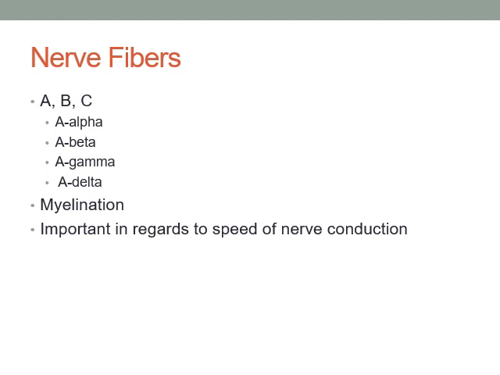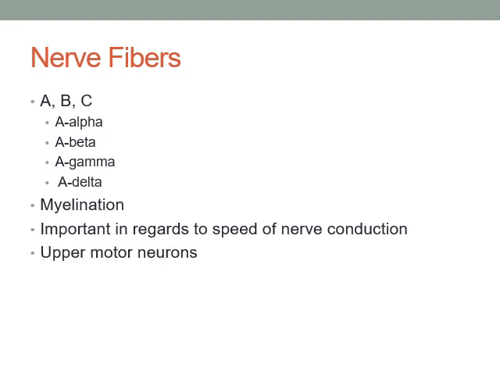And you could actually see that if you look at table 3.1 in the book. And you don't have to memorize the conduction velocities. Just know that myelinated nerves carry information faster. Obviously, I want you to know the different types of A fibers and what a B fiber is and what a C fiber is. But you don't have to know the conduction velocity, but you can see that.